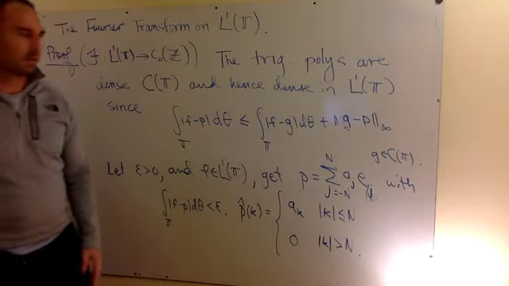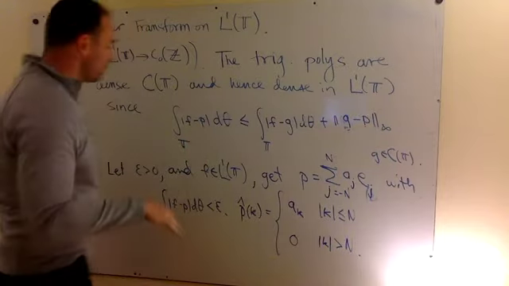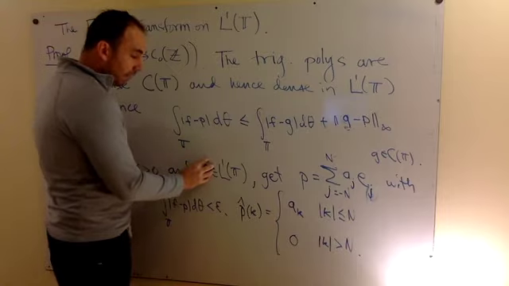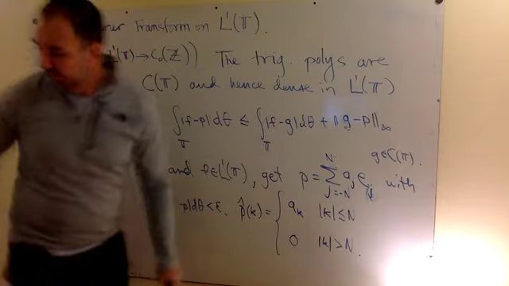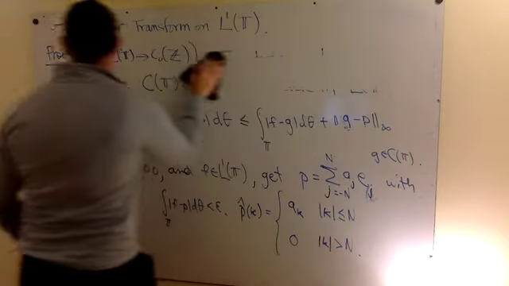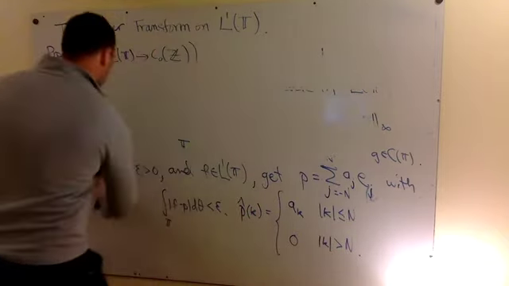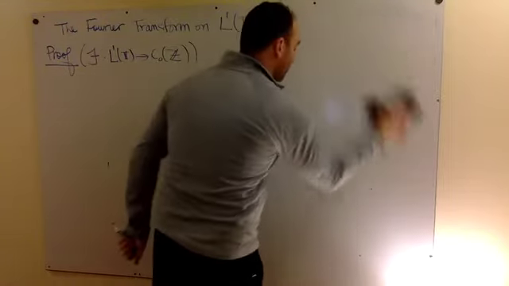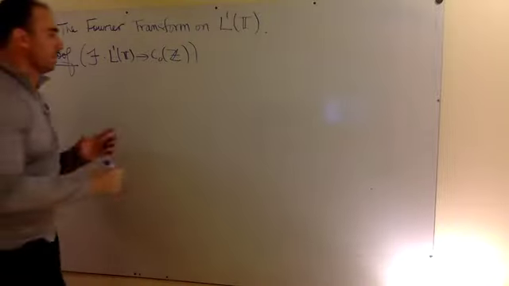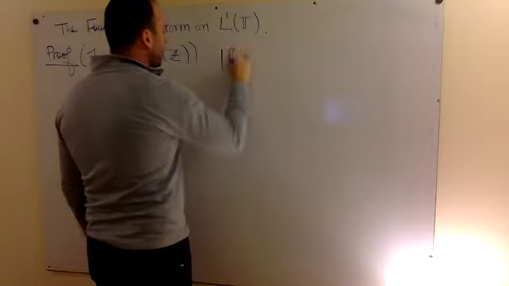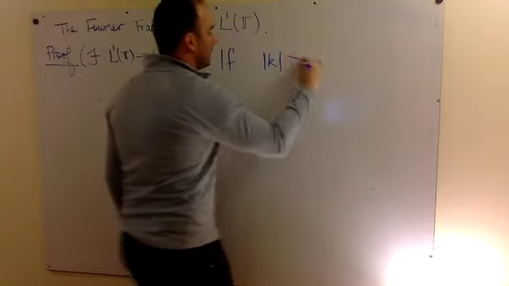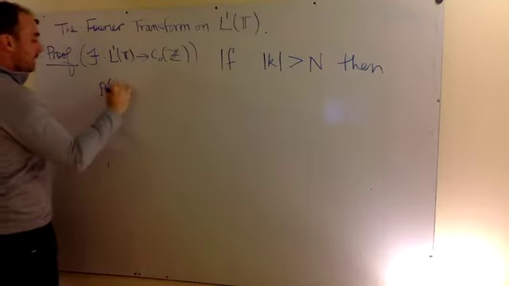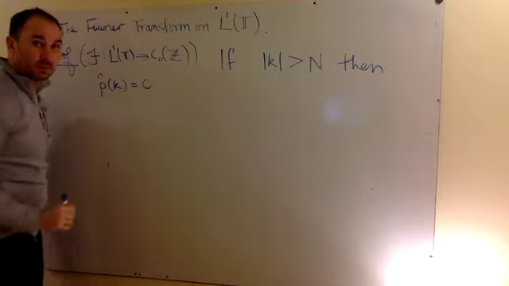Okay. All right, so remember, what do we want to show? We want to show that the Fourier coefficients of f go to 0 as k gets large. So let's take a look at that. I've got my trig poly, I know its Fourier coefficients, and now, if k is greater than n, then p hat k is equal to 0.